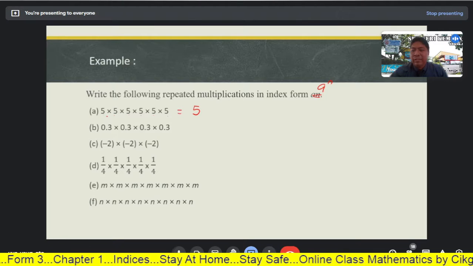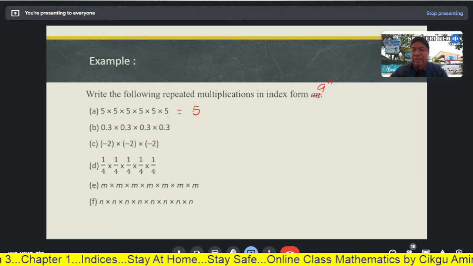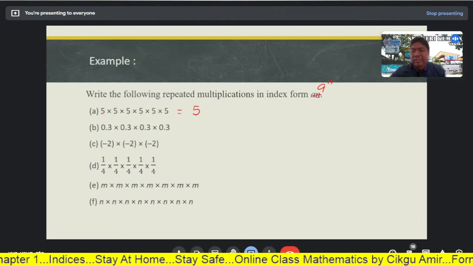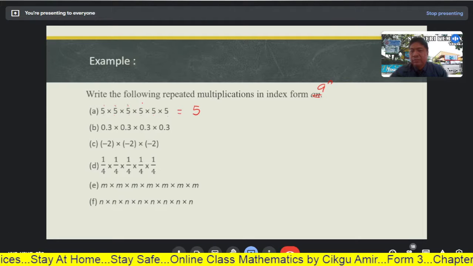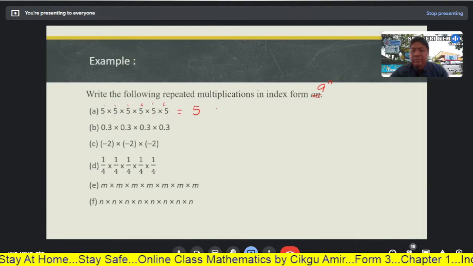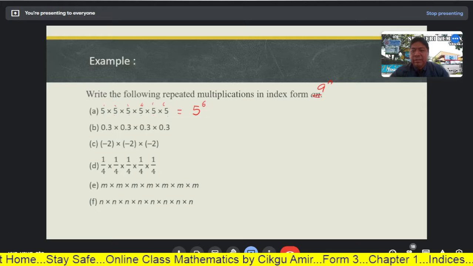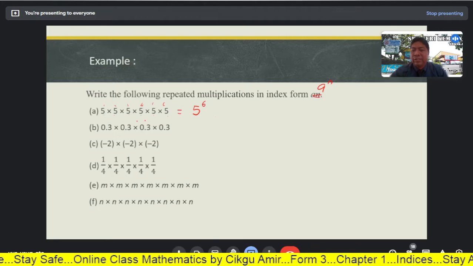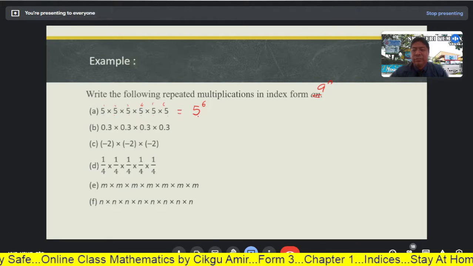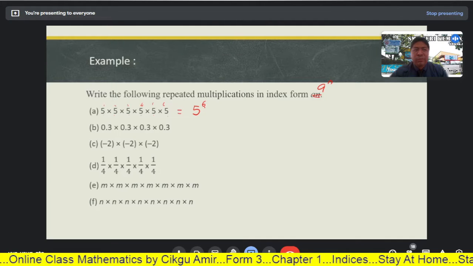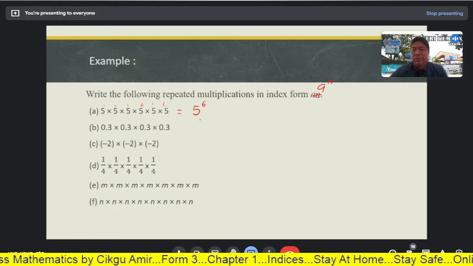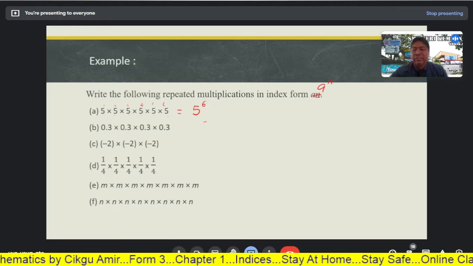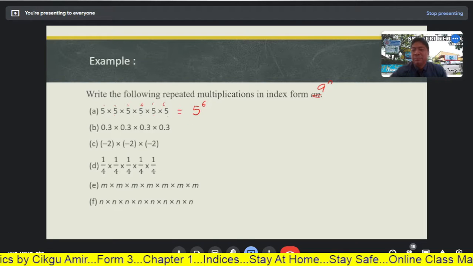The base for example A is 5, and the index is 1, 2, 3, 4, 5, 6. The index is 6. So the answer for A is 5 to the power of 6. This is the first example.